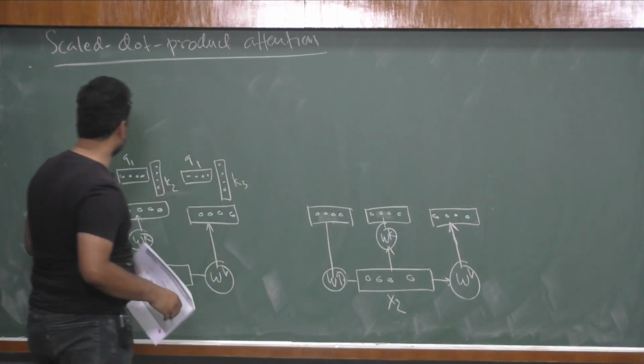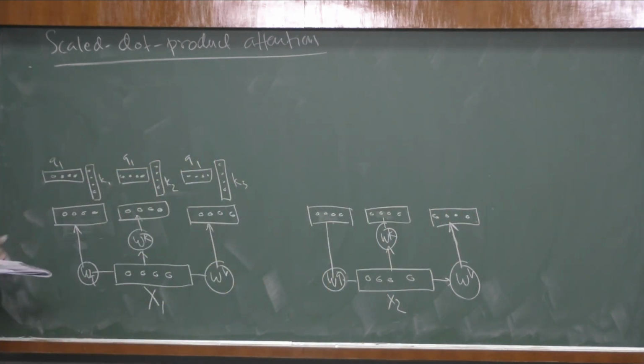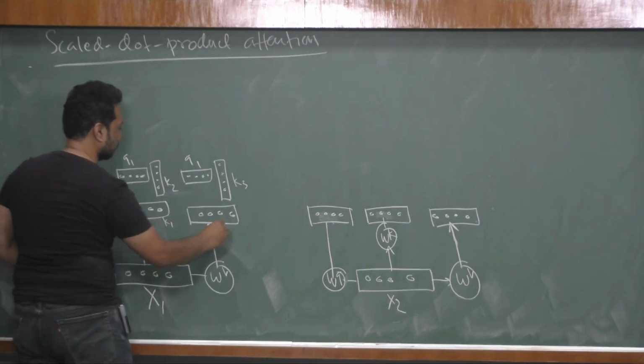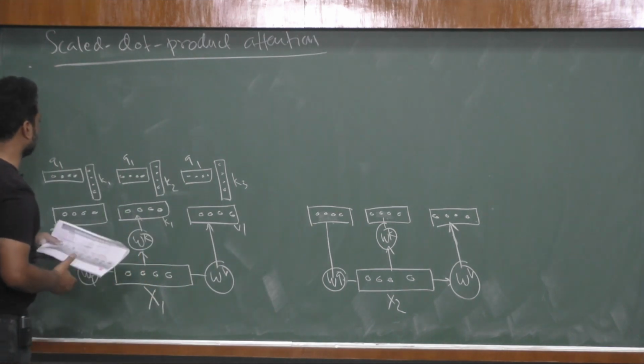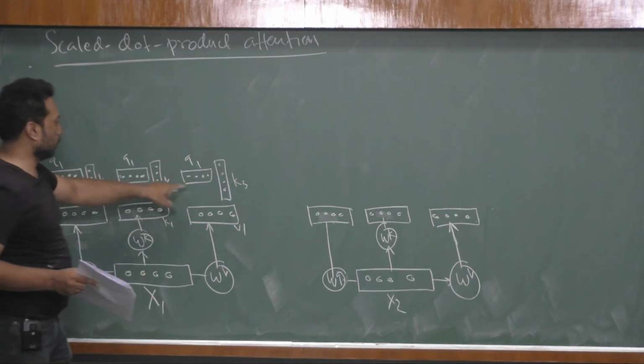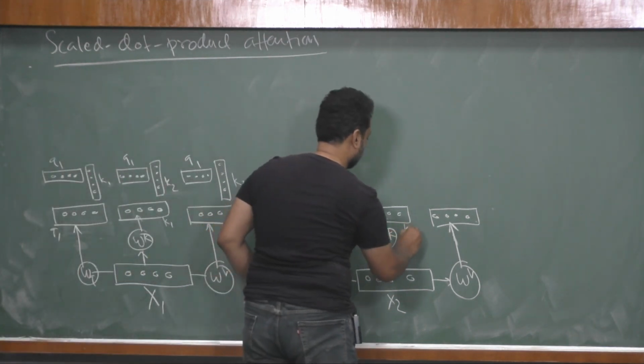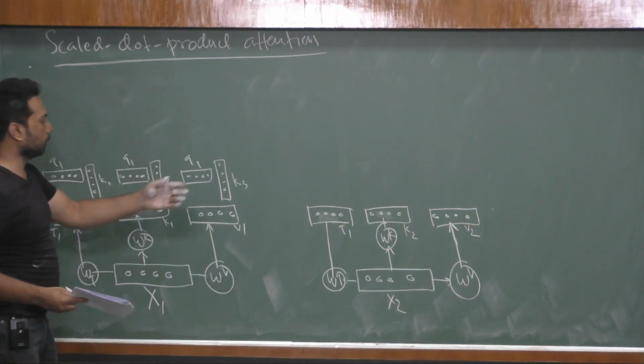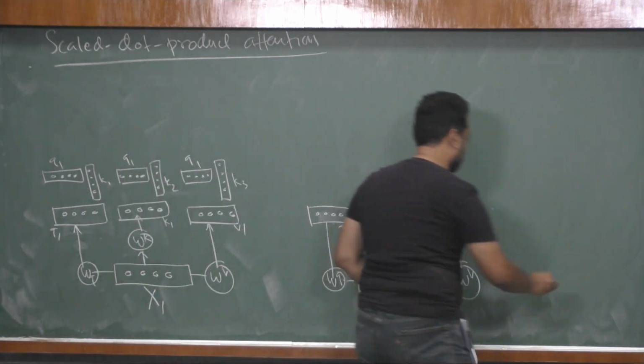So we can call this q1, this is k1, and this is v1. Here you can clearly see k2 is now looking into this k, and similarly in our example we also have x3.